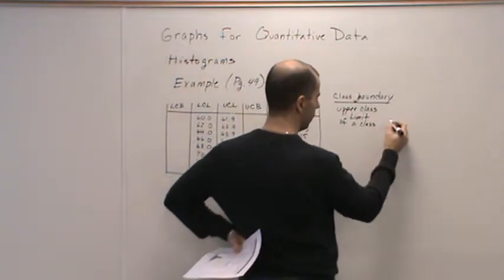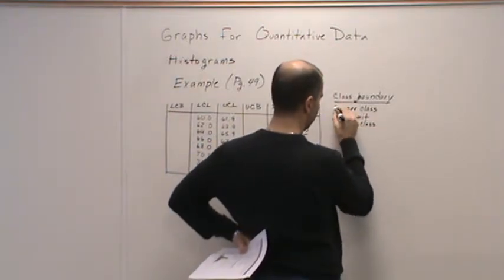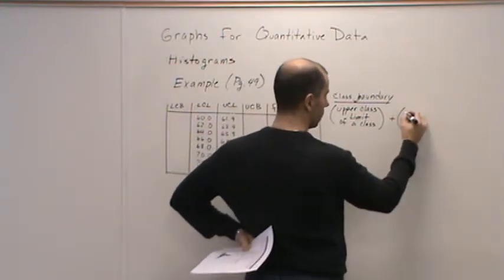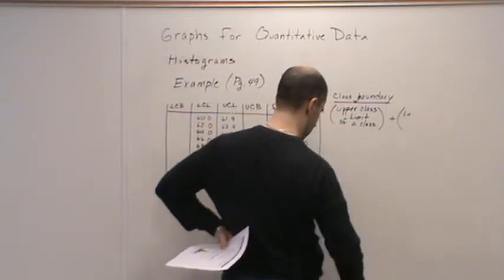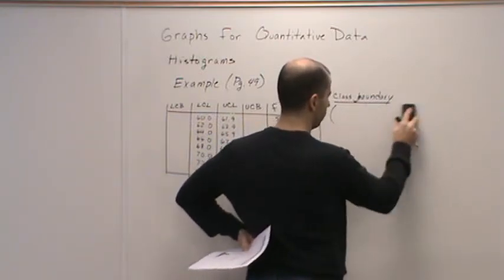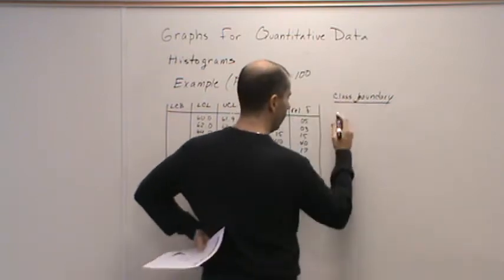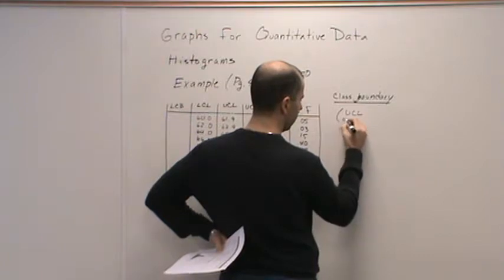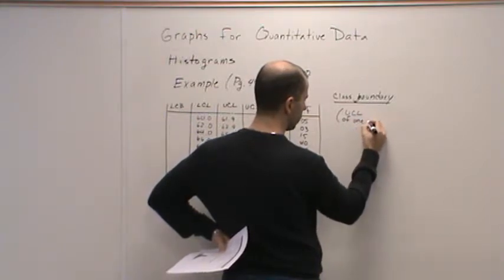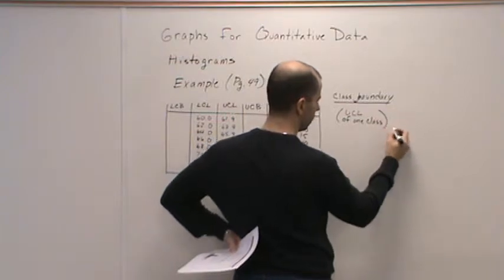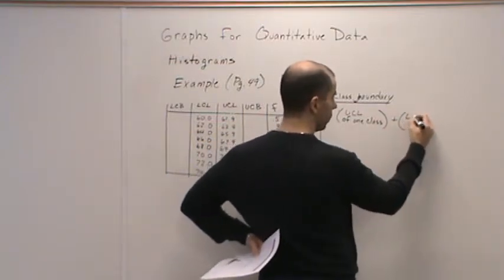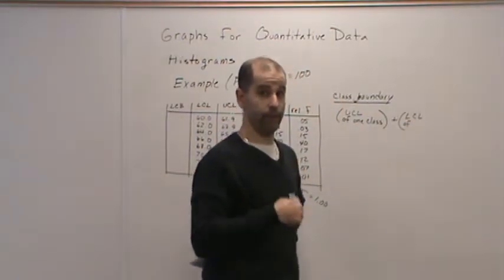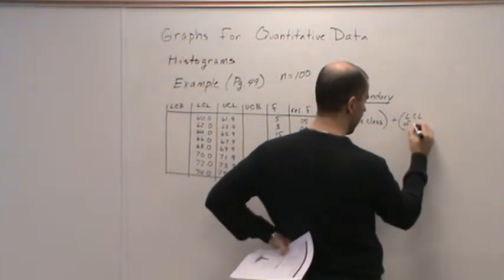Since I'm using abbreviation, it'd be better to write it this way: use the upper class limit of one class and add that to the lower class limit of the next, following class.